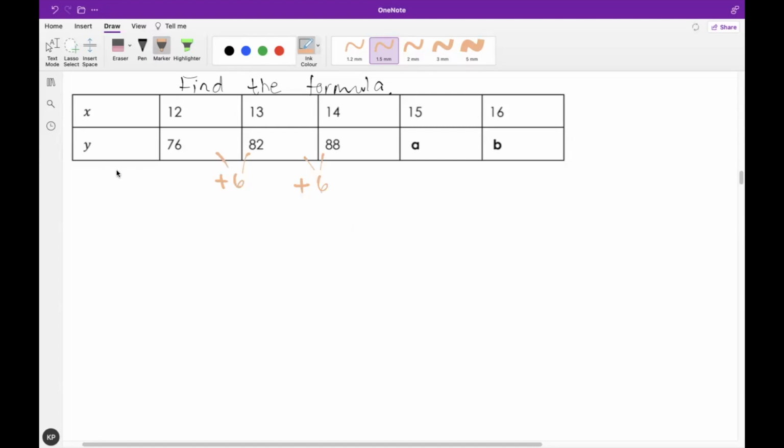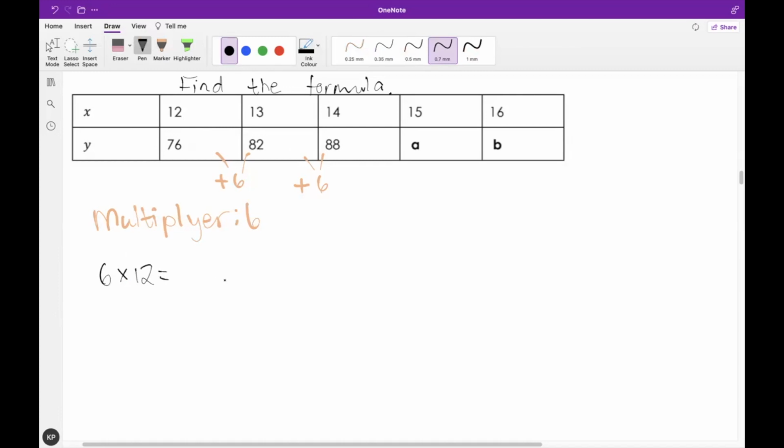Okay. All right. So then 6 is my what? What is my special word again? 6 is going to be our multiplier. Our multiplier. 6. Now let's check with 12. 6 times 12.